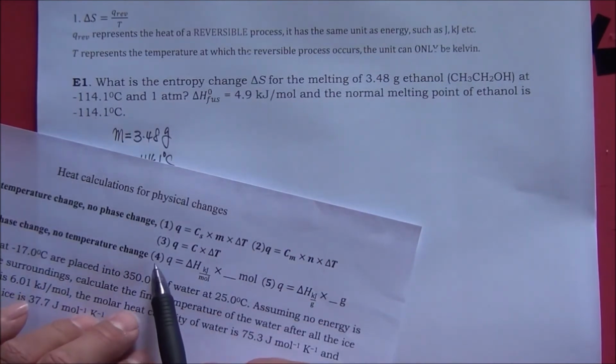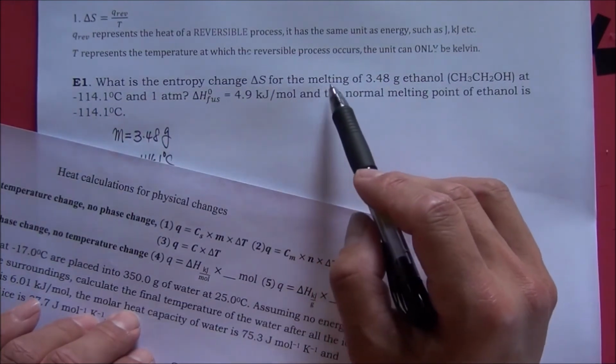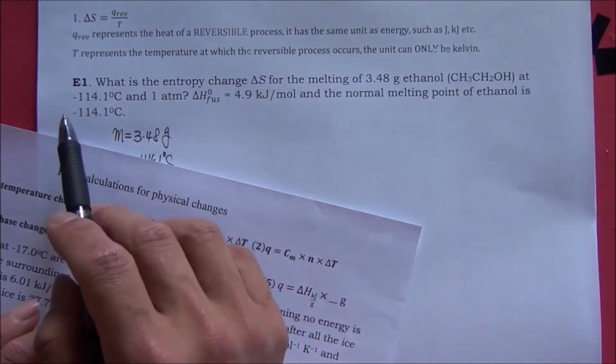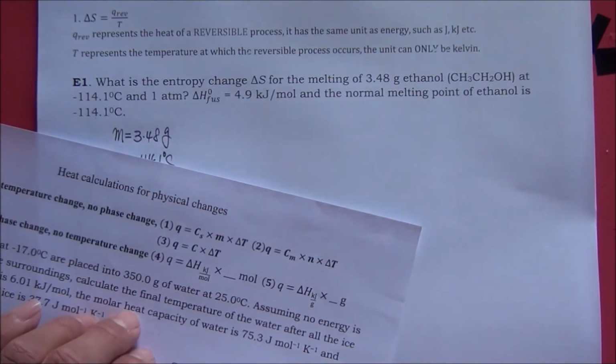Equation 4 and equation 5 can be used to calculate the heat during a phase transition only process. The melting at the melting point is a phase transition, and there's no temperature change during this process. Therefore, we need to use equation number 4 or equation number 5.